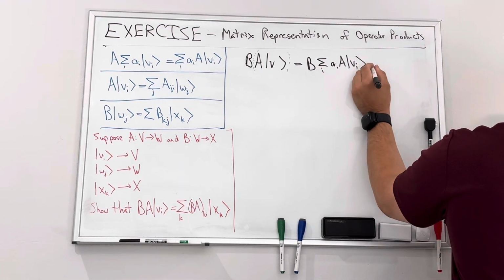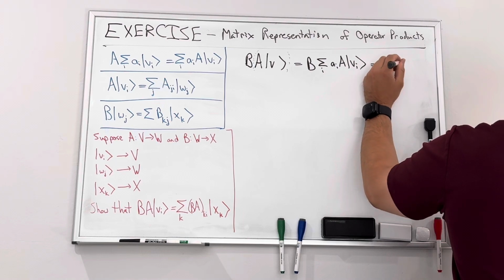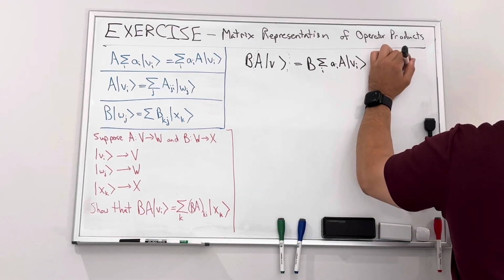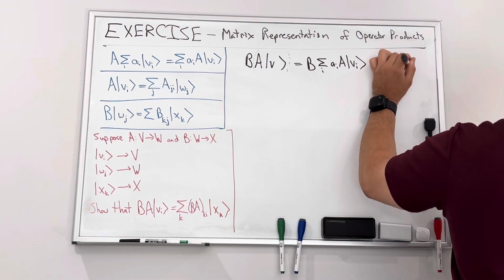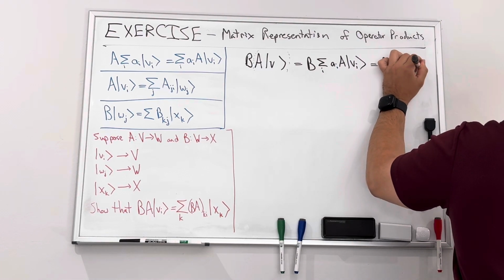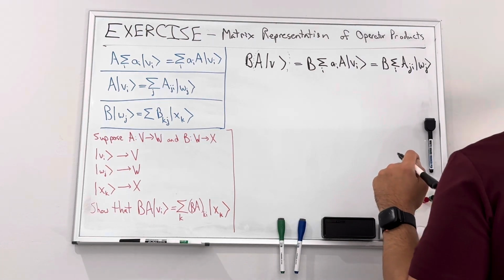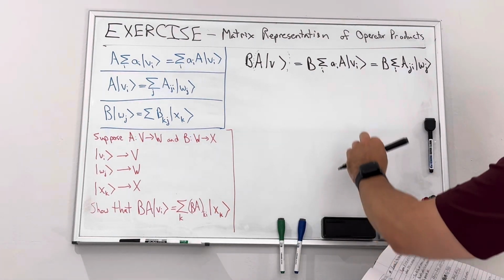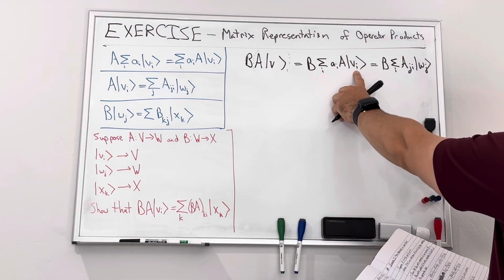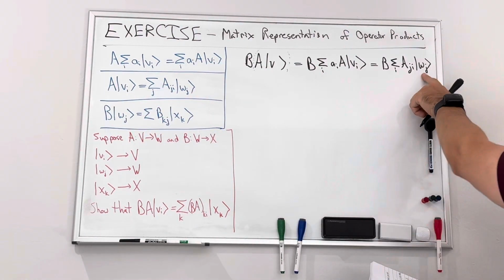And I could further write that as B operating on this A_JI acting on W_J. So I've just taken A on V_I and turned it into this A_JI notation here.